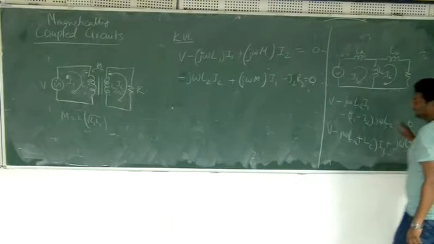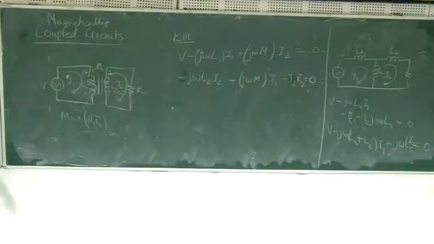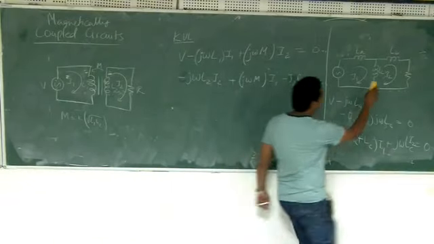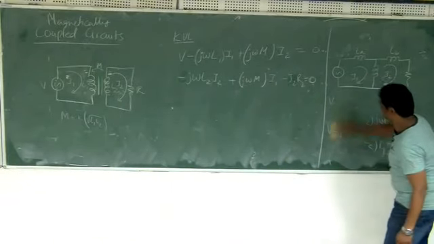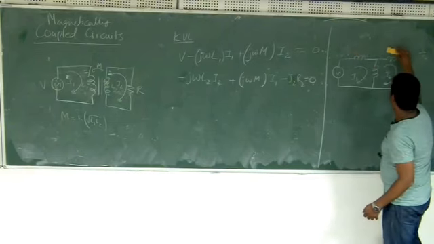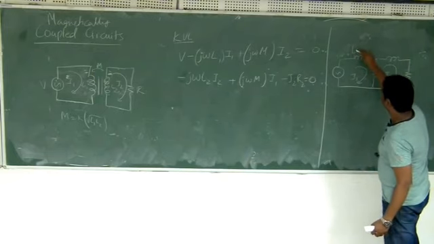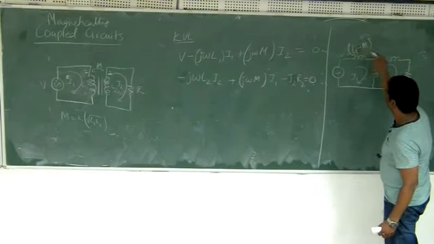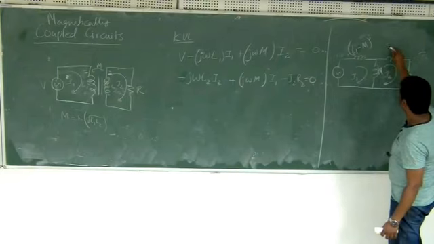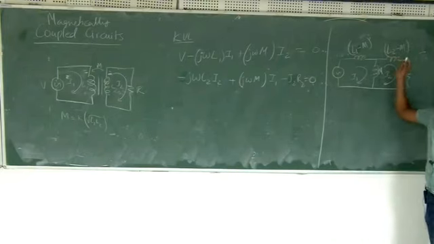So I'll use actual variables. So again repeat. Okay. This one is L1 minus M. This one is M, and this one is L2 minus M, or M minus L2. I don't know.